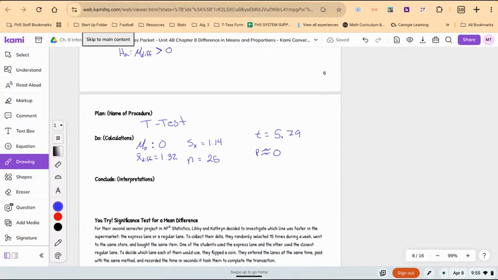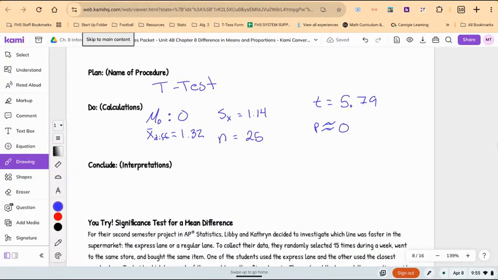And then I just conclude. We can simply say, since the p-value is small, we reject the null hypothesis.